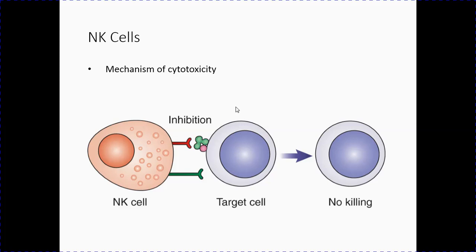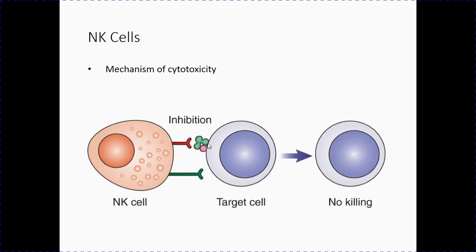They're always looking for antigen presenting cells. And so when they encounter an antigen presenting cell, an APC, they have a receptor that looks to see if there's an MHC on the surface of the antigen presenting cell.